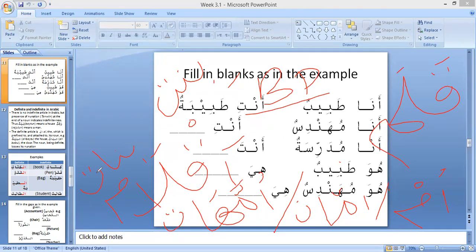By the way, if you go back to the pronouns, you say ana talib or ana taliba. For example, you say ana muhandis or ana muhandisa, depending on your gender, right?